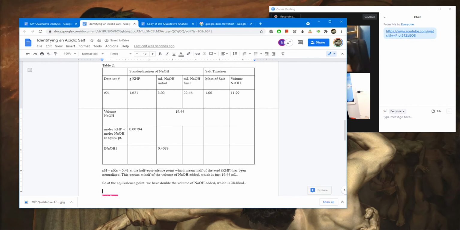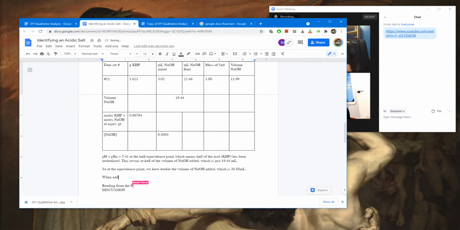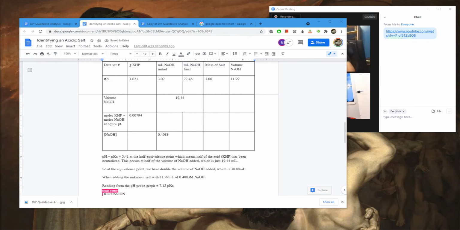So, when adding the unknown salt with 11.99 milliliters of 0.4083 molar NaOH, the amount of, let me do that, 0.4083 times 0.01199 is equal to 0.00489 moles of NaOH.